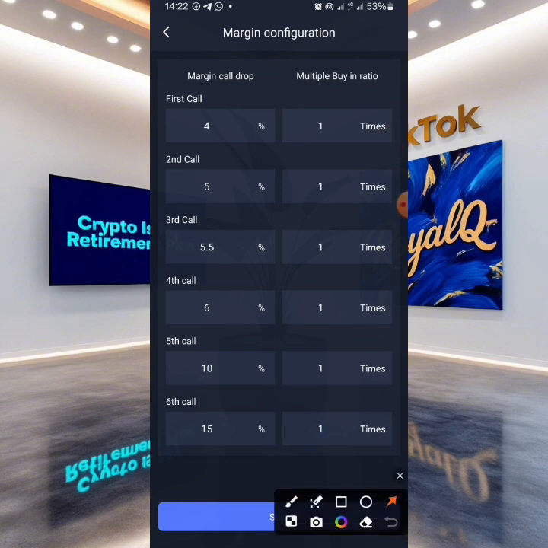Then here we come to the call drop, the margin call drop, where you are instructing the robot. In this case, if the coin falls by 4%, let the robot buy 1 time. If it falls by 5%, let it buy 1 time. If it falls by 5.5, let it buy one time. That is how you are instructing the robot to buy the 6 calls.